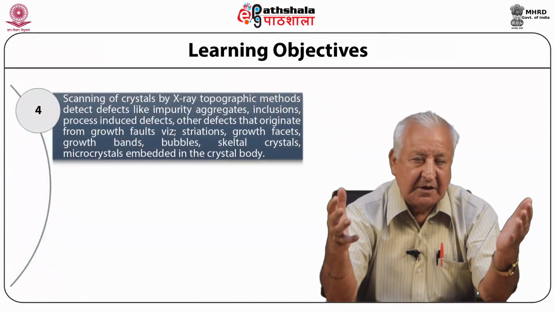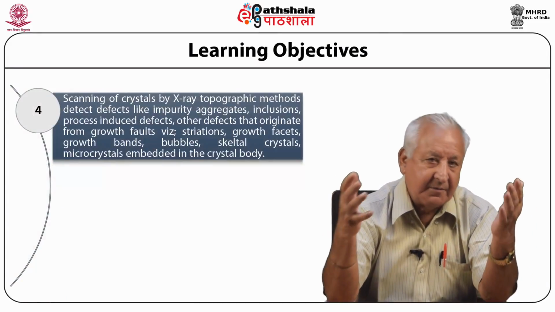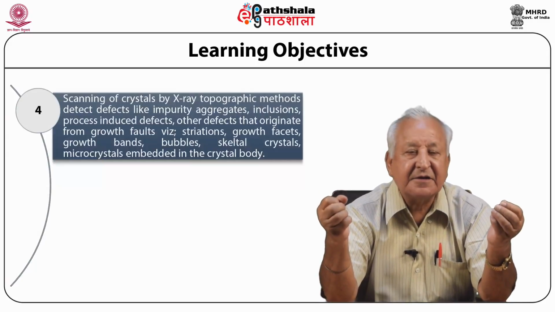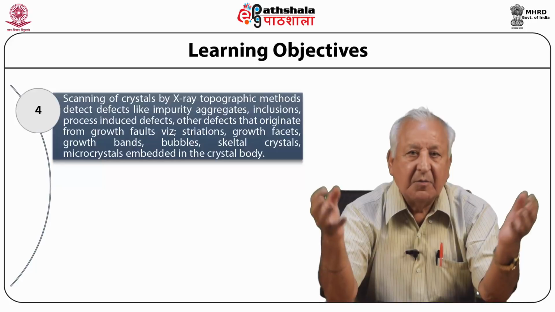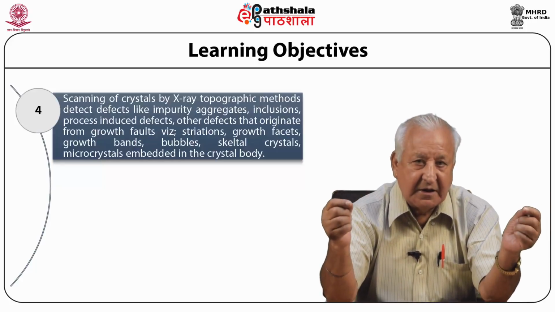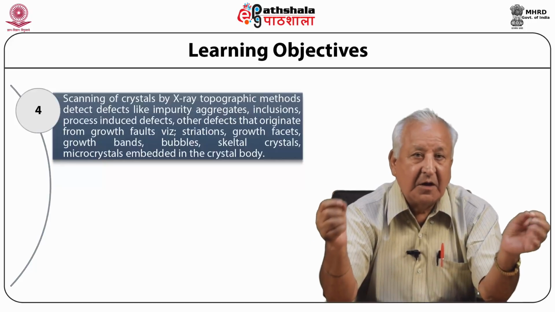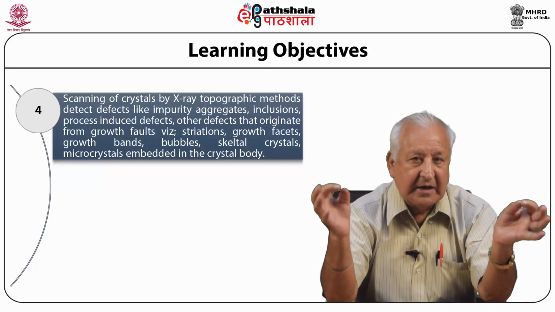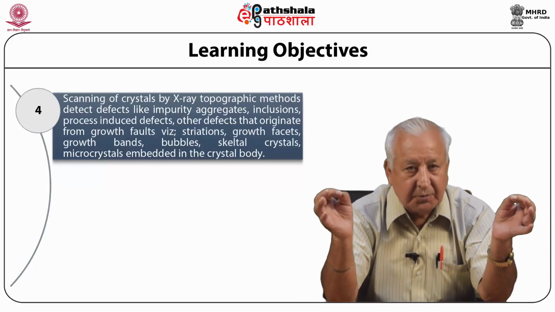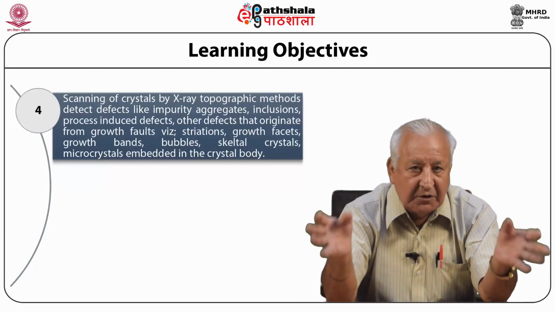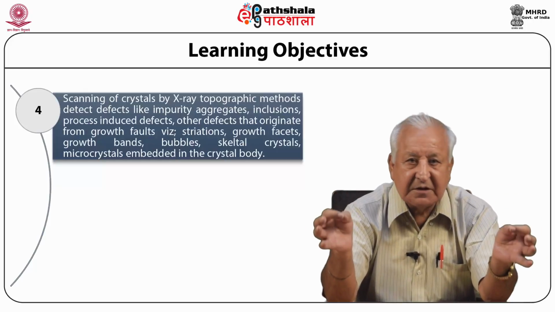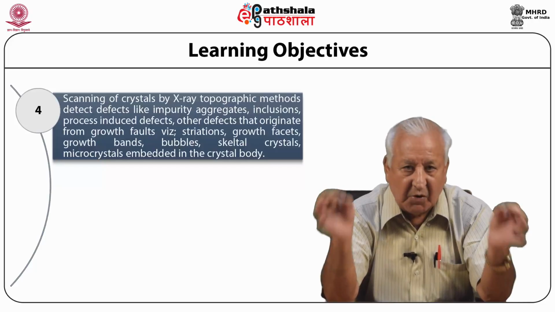Scanning of crystals by the X-ray topographic method detects defects like impurity aggregates, inclusions, process-induced defects, and other defects that originate from growth faults, namely striations, growth facets, growth bands, bubbles, skeletal crystals, and microcrystals embedded in the crystal body.